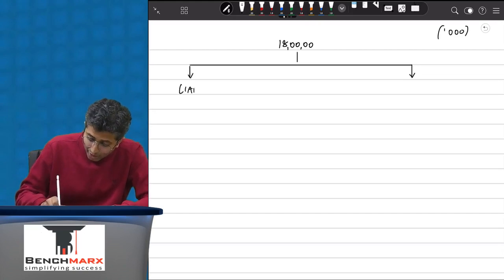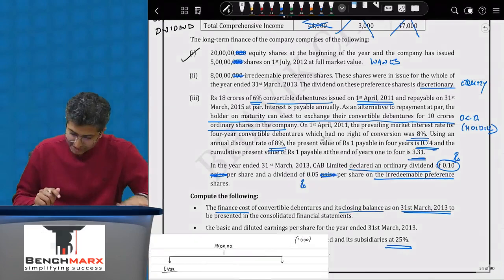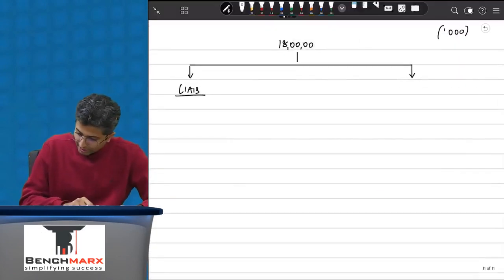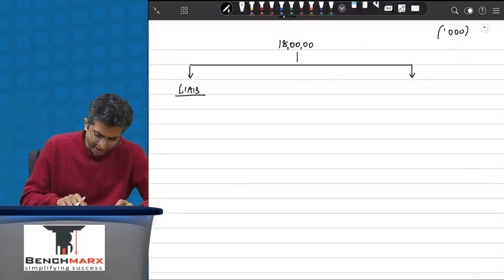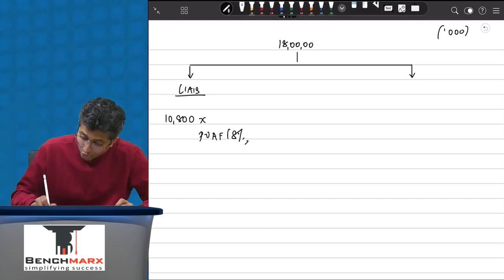The liability component will be the present value of all the future cash flows. So your coupon rate is 6%. So this is 1,80,000 in thousands into 6% will come to 10,800 into the present value annuity factor at the market rate of interest of similar non-convertible instruments, that is 8% for a 4-year time frame, which is given to you.